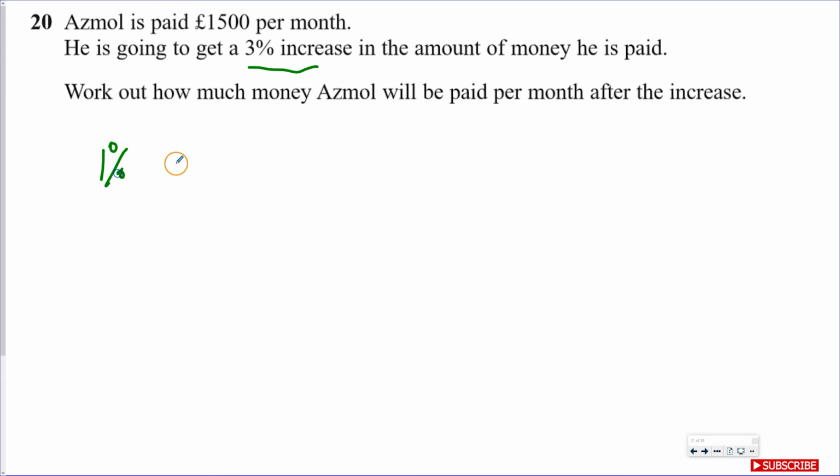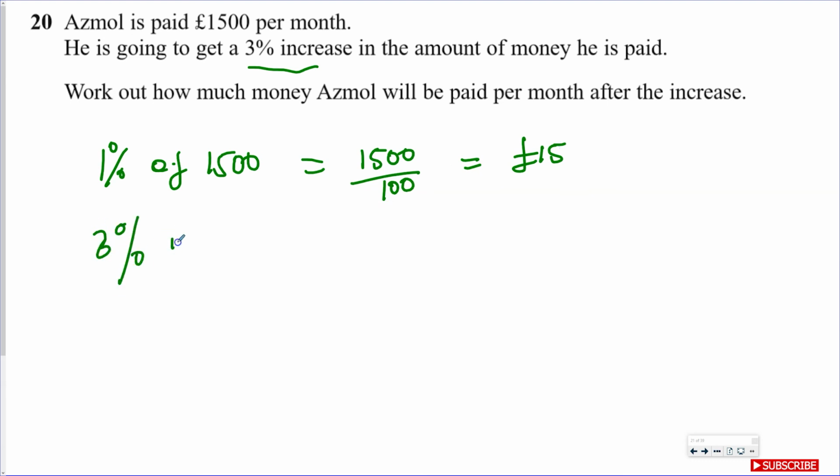1% of 1,500 is going to be equal to what? Well, it's going to be equal to 1,500 divided by 100. To get 1%, you need to divide by 100. So that's equal to £15. So that means 3% of 1,500 is equal to 15 times 3, which is £45.